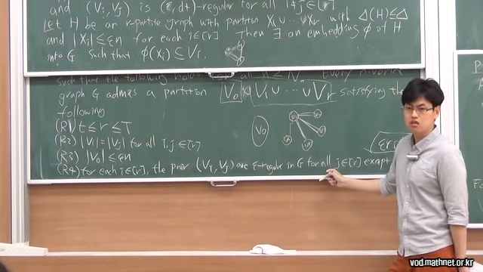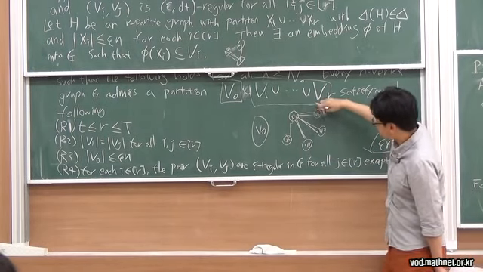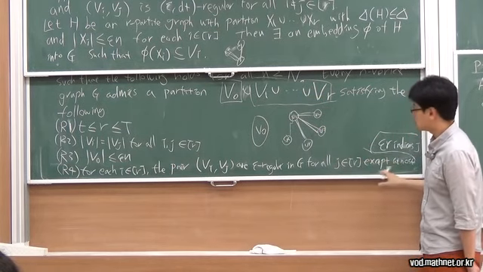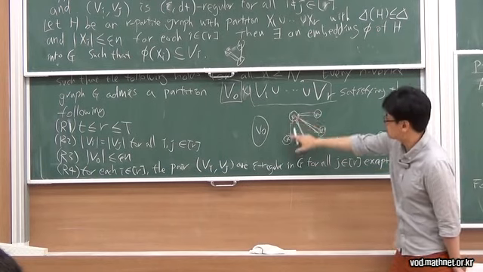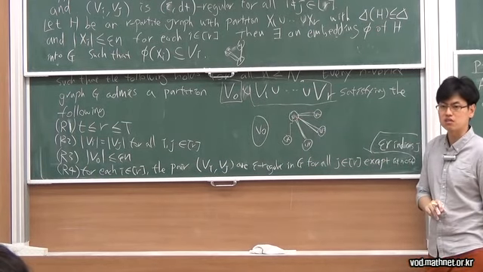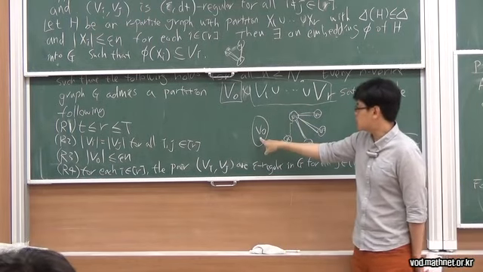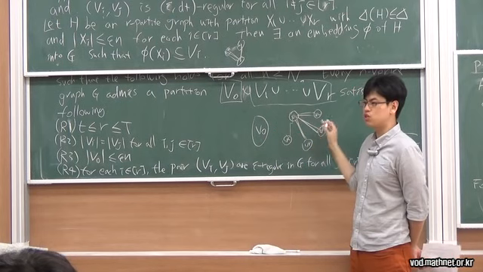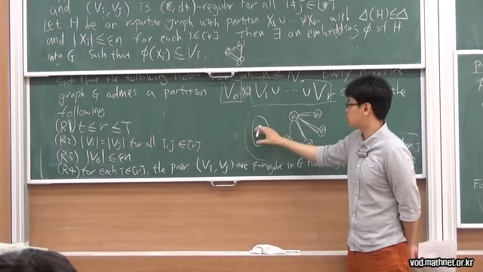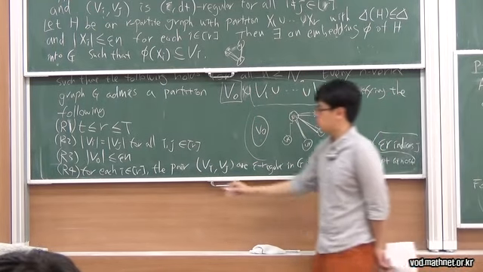But such non-epsilon-regular pairs are few, in the sense that for V1 most of them are epsilon regular except epsilon r of them. So this is a very small fraction. And remember that this small exceptional set doesn't belong to this structure. It's small in terms of the entire vertex set, only epsilon n.